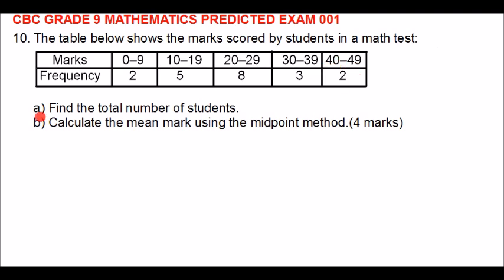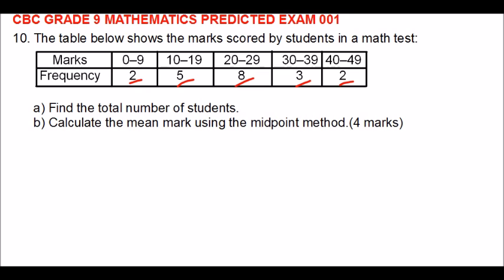Part A, find the total number of students. B, calculate the mean mark using the midpoint method. So we can first of all deal with A and say the number of students, we add the frequency like I've explained.